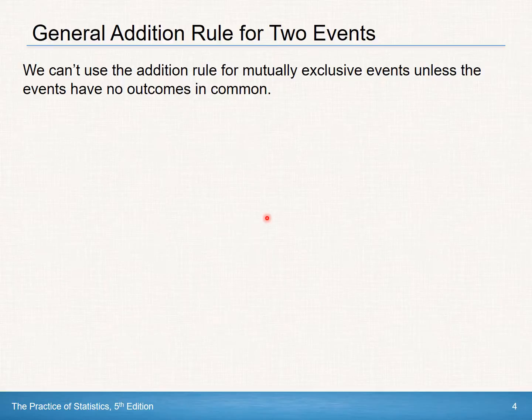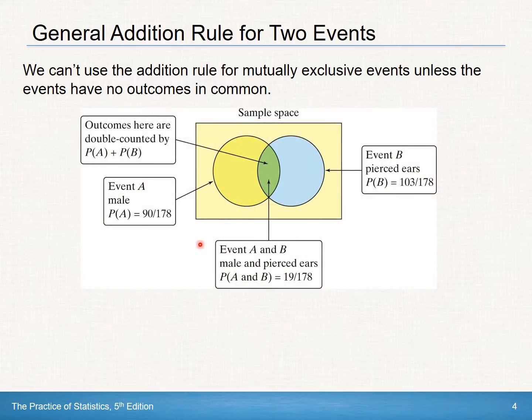So here are some general rules. We cannot use the addition rule for mutually exclusive events unless the events have no outcomes in common. If you look at this Venn diagram, which hopefully you've seen before, if this box represents the sample space, this blue circle represents event B, the yellow circle represents event A, and the outcomes that overlap are in both.